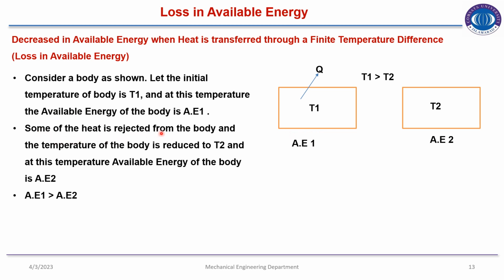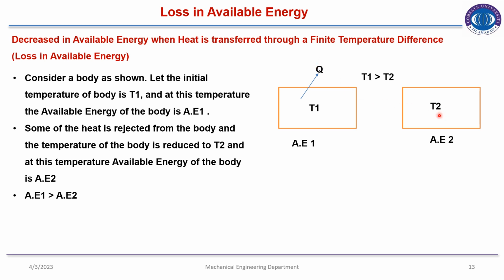Some of the heat is ejected from the body and the temperature of the body is reduced to T2. So Q amount of energy from the body is rejected to the atmosphere and the temperature is now T2. For example, let T1 be equal to 100 degrees centigrade. A certain amount of heat is ejected to the surroundings.